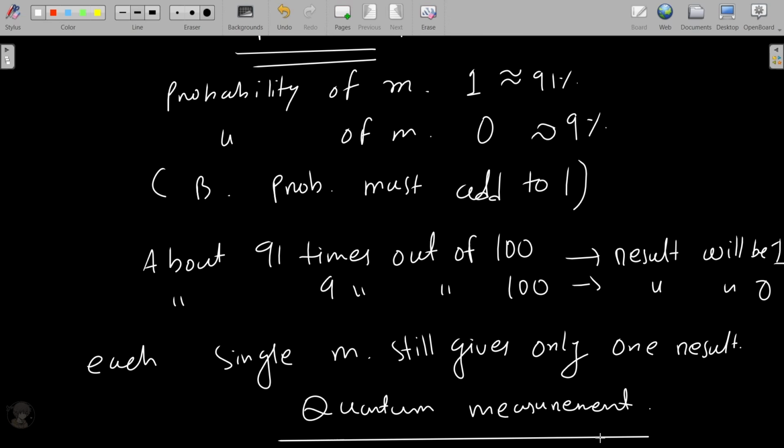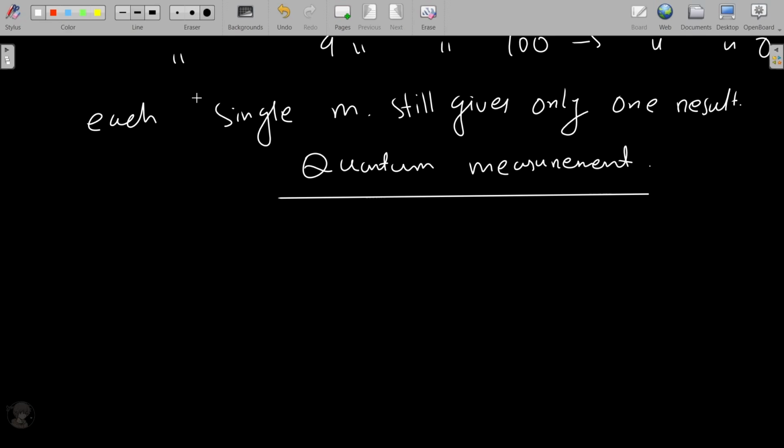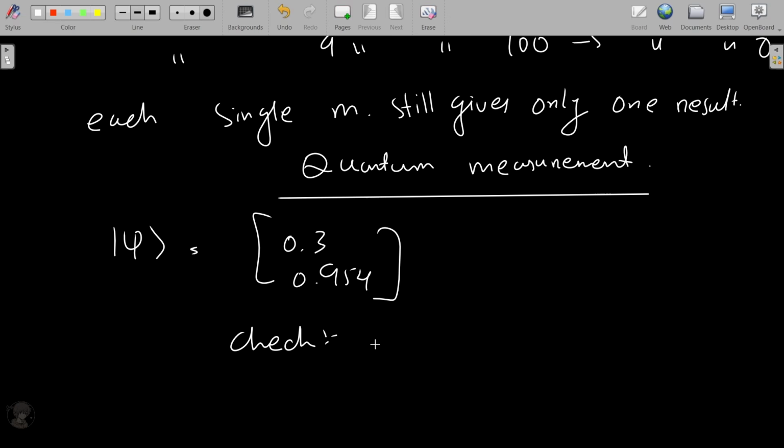So one small detail over here is that 0.3 and 0.954 is almost normalized. Let's check if it's normalized or not. How to check? 0.3 squared plus 0.954 squared.